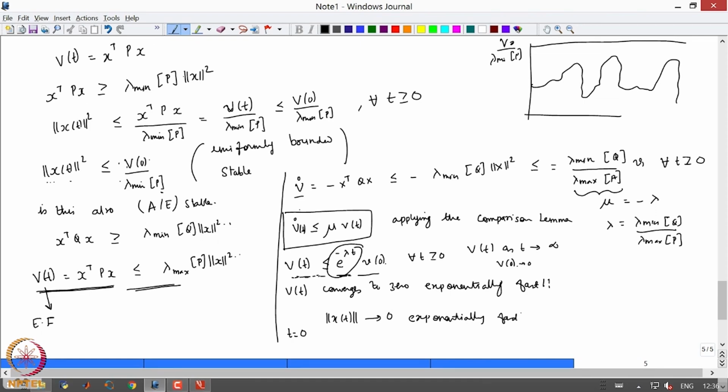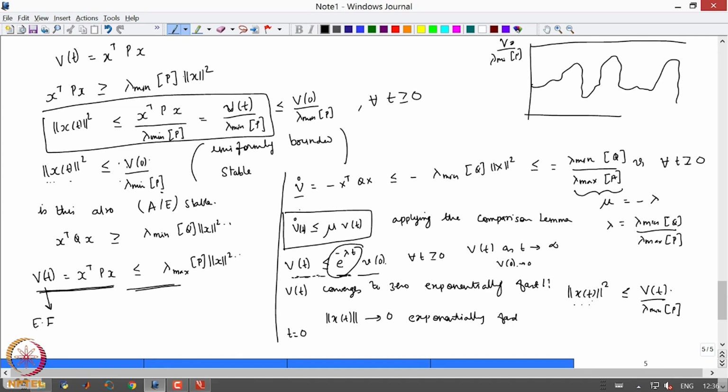Restricting to here, I have that the norm of x of t squared is less than or equal to V of t over lambda min of P. V converges exponentially fast and therefore x converges exponentially fast.